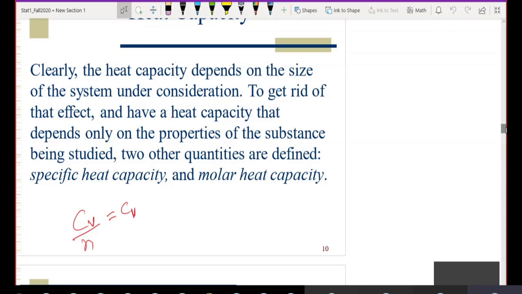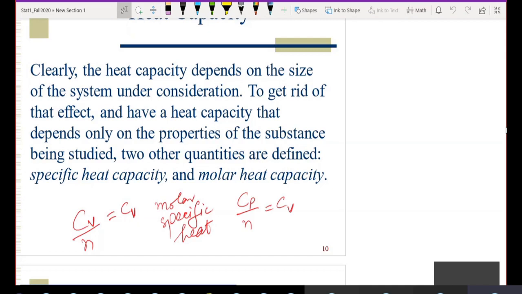Molar specific heat is the thing that everyone uses in literature, in science, in physics. Similarly for Cp, if you divide it with N, then it becomes small Cp, and that is the quantity that we normally use in thermodynamics.